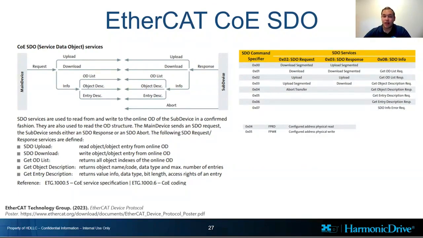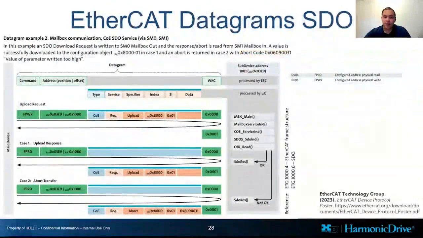What's happening is our main device sends a request. In this request, it says, I need this specific information about this specific object in my sub device. Based on that, it chooses its relevant command, whether that be FPRD, configured physical read, or FPWR, configured physical write. In this case, we have our datagram going in, and based on our specific device, it's a CoE type communication.